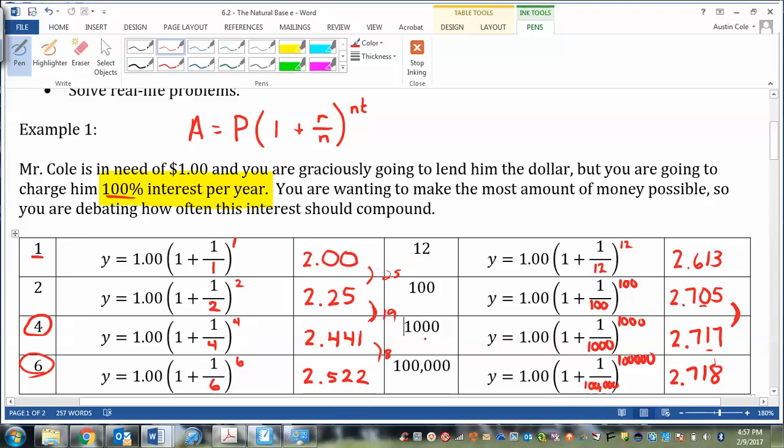So I increase the times that I've compounded by 99,000 times. So I've compounded 990,000 times more, and I only went up 1/10 of a penny. Okay, so as you can see, the more times I compound, the more I'm approaching this number. Okay, I'm not increasing by near as much anymore.